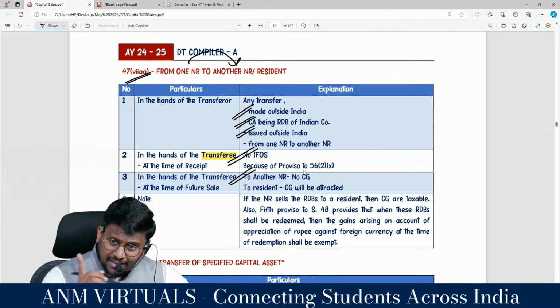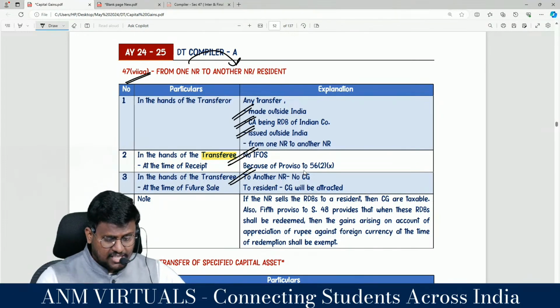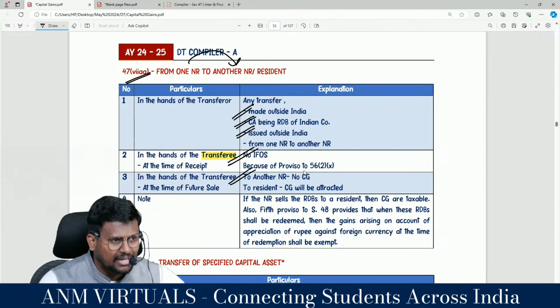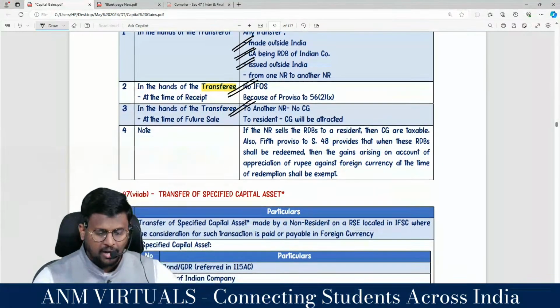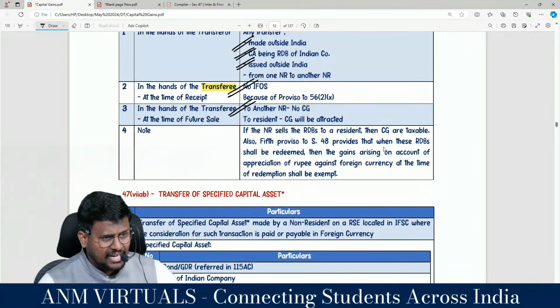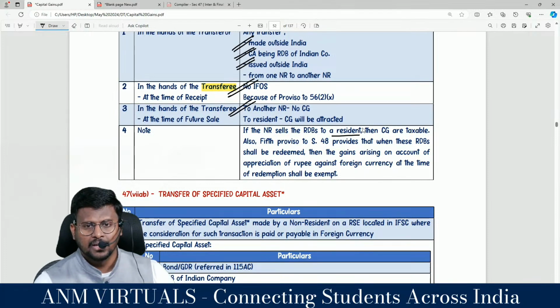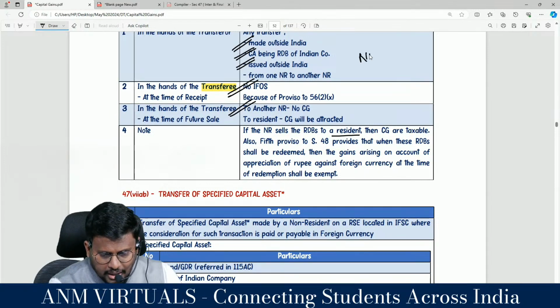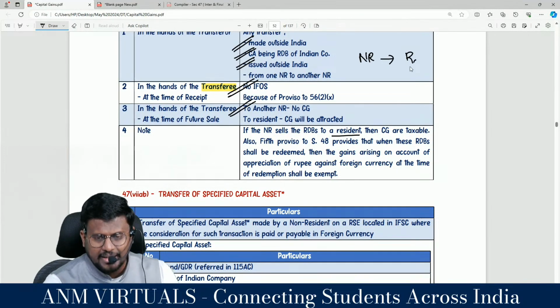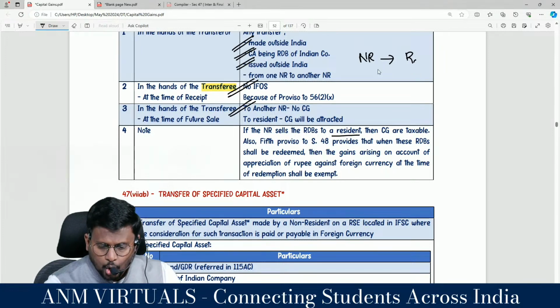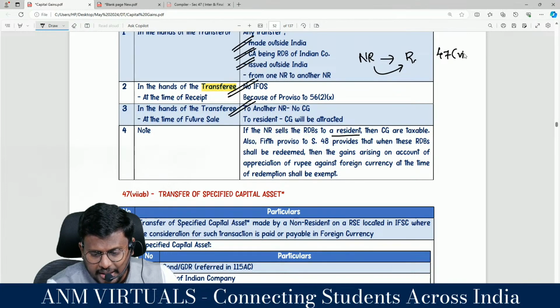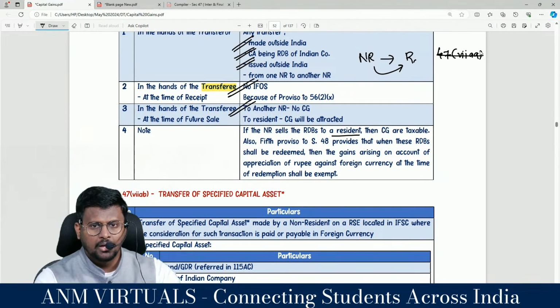Whereas if that recipient non-resident is transferring to a resident, capital gain will be attracted. Do you appreciate? If the non-resident sells the rupee denominated bond to a resident, the 47 clause 7AA benefit cannot be enjoyed.